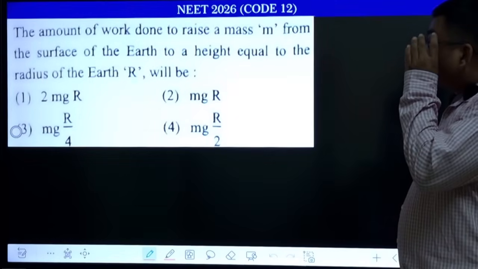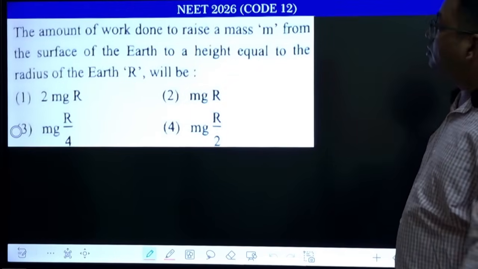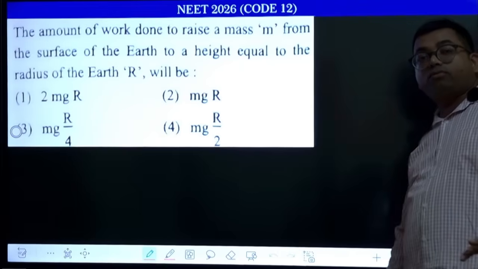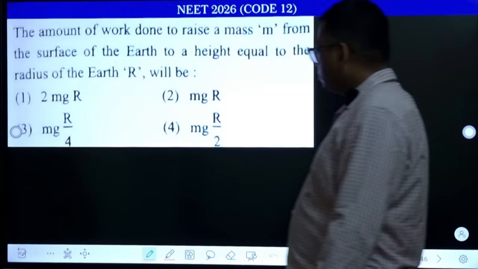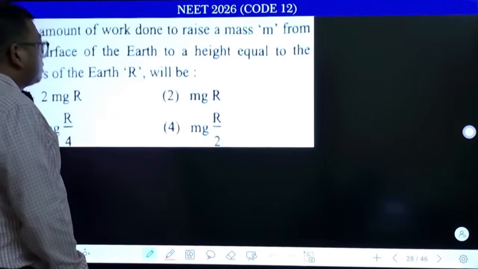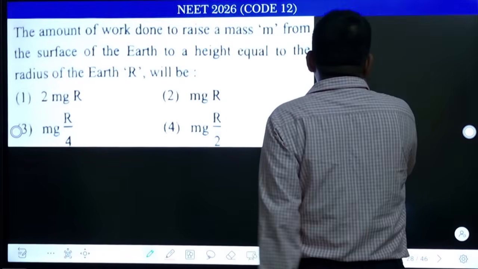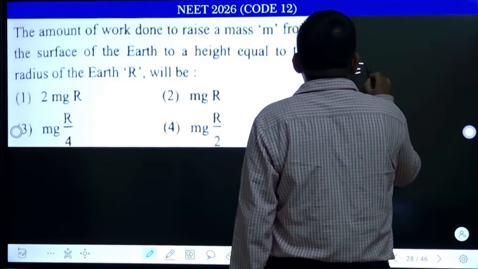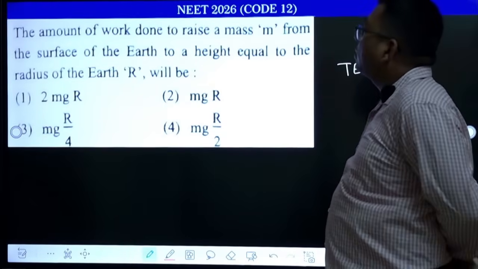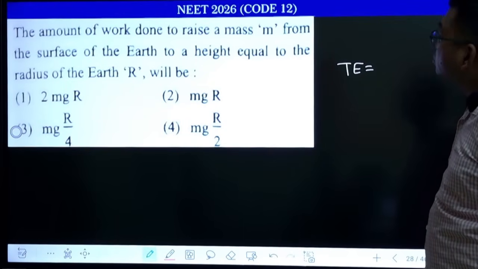The amount of work done to raise a mass m from the surface of Earth to a height equal to the radius of Earth is. Amount of work done is nothing but what? Total change of energy. Correct? So what is the total energy formula?